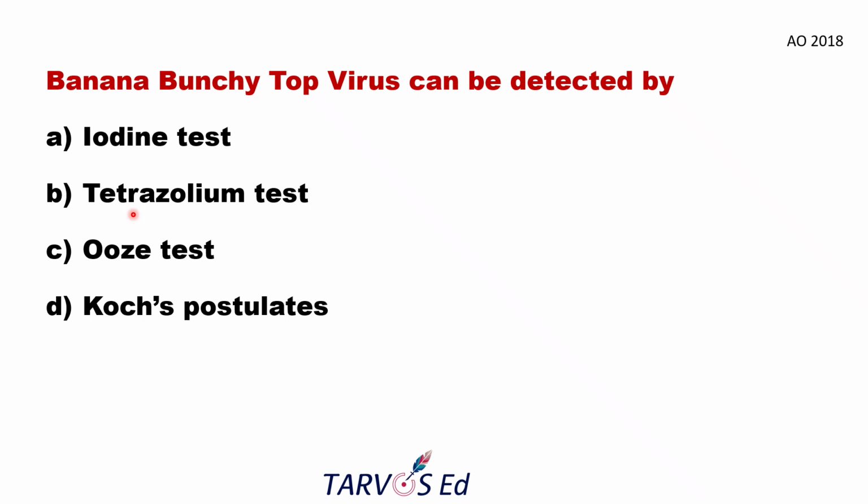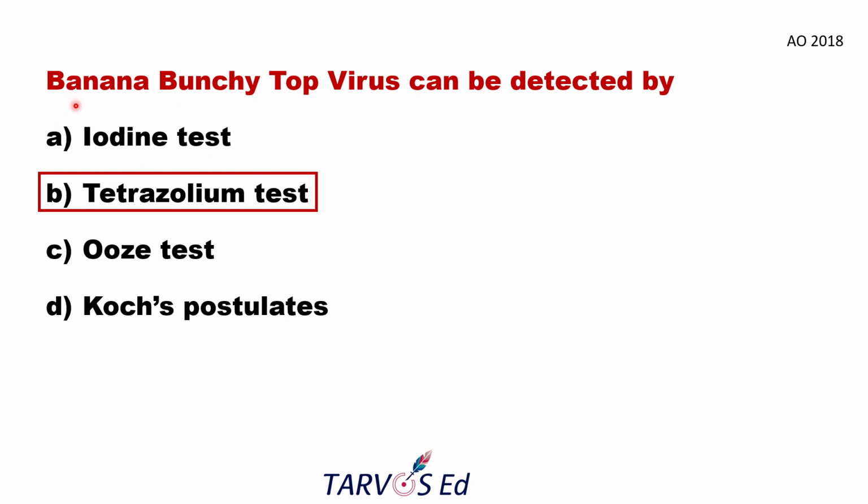So the most important viruses related to banana can be detected using the tetrazolium test. And what about the iodine test? It is related to detection of rice tungro virus. When the question is about rice tungro virus, the correct answer will be the iodine test.